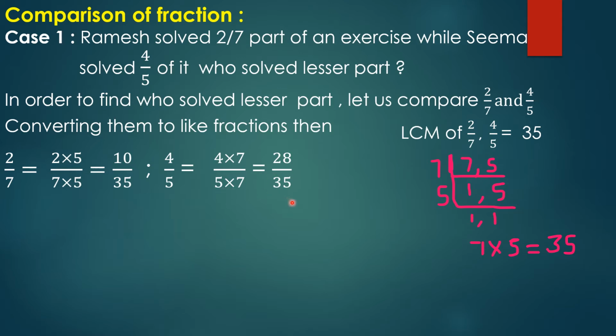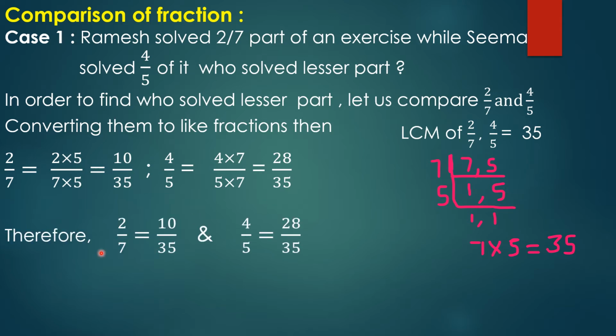Here what have we done? We have converted the unlike fractions into like fractions, and like fractions mean the denominators are the same. 10 by 35, 28 by 35. So we converted them into like fractions. Therefore 2 by 7 is equal to 10 by 35.